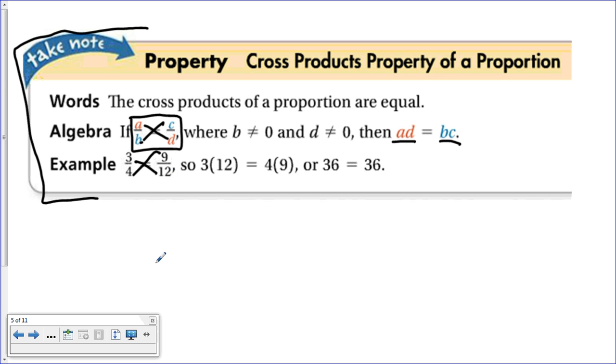Okay? For instance, let's say that if you wanted to buy 4 cookies, you had $3, you would be able to buy 4 cookies down in the lunchroom. I'm not sure if that's the correct price. I actually don't think it is. But if you had $3, you would be able to buy 4 cookies.